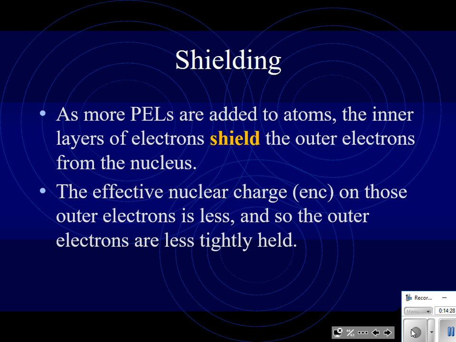Because it holds it closer, and be less on the planets out further. That's all it's saying here. The electrons closer are held tighter than the further away electrons based on the shielding. This is going to make sense when we talk about bonding later on in the course.